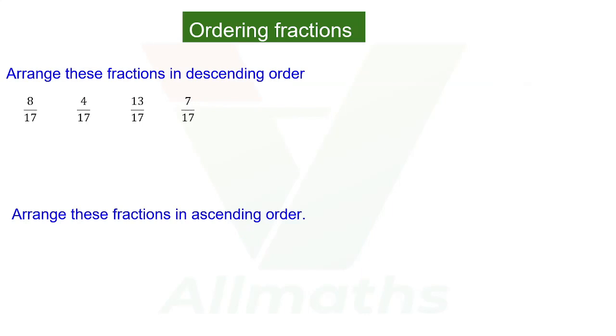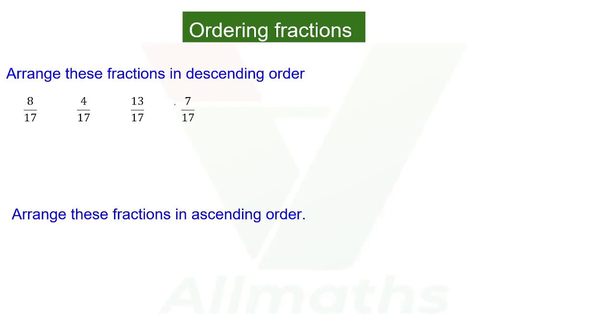Let's apply this and arrange the fractions we have on the screen. Now the rule applies here, they have the same denominator of 17. So we arrange these fractions firstly in descending order.